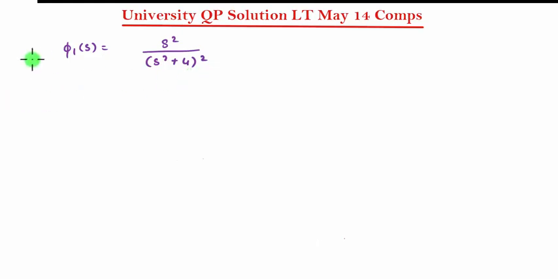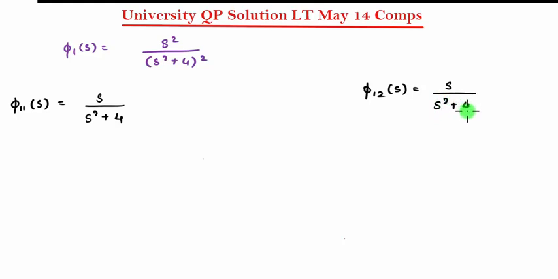Let's solve it by convolution, where I'll be defining two terms. As I mentioned phi 1, let's say phi 11 of s is s divided by s square plus 4, and the next is phi 12 of s, that is s divided by s square plus 4.